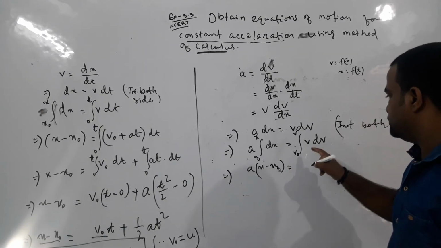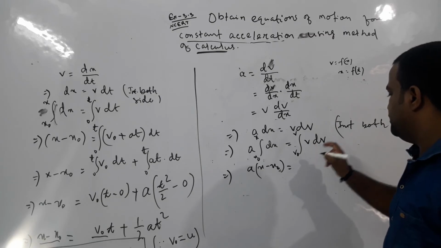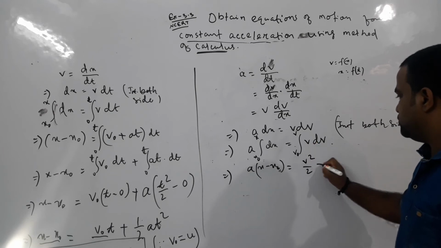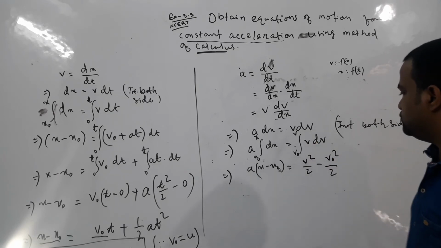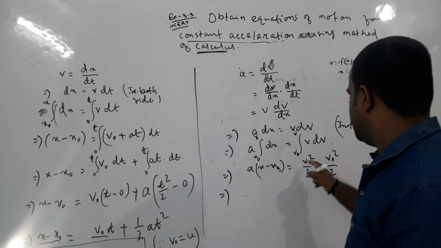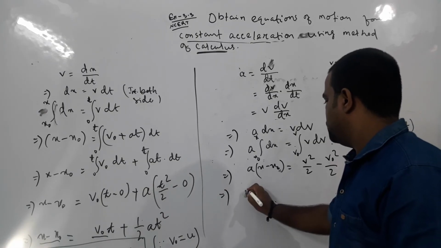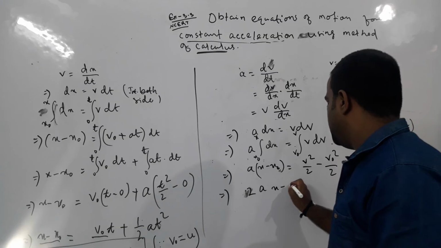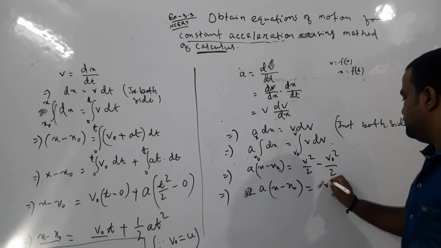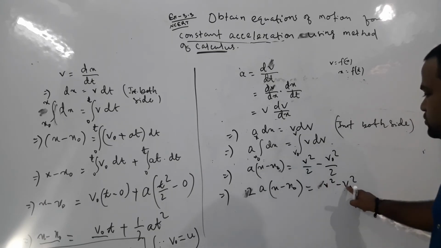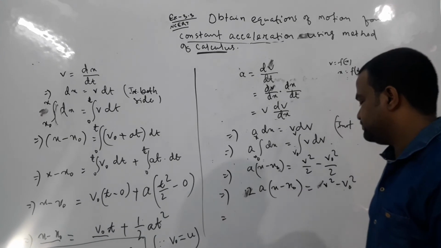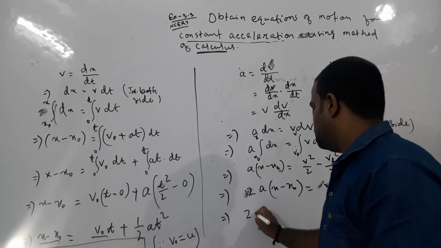This is equal to v square by 2, upper limit minus lower limit, v square minus v0 square over 2. So simplifying it, 2a times (x minus x0) is equal to v square minus v0 square. v0 we can write as u and x minus x0 we can write as s. So we can write 2as.